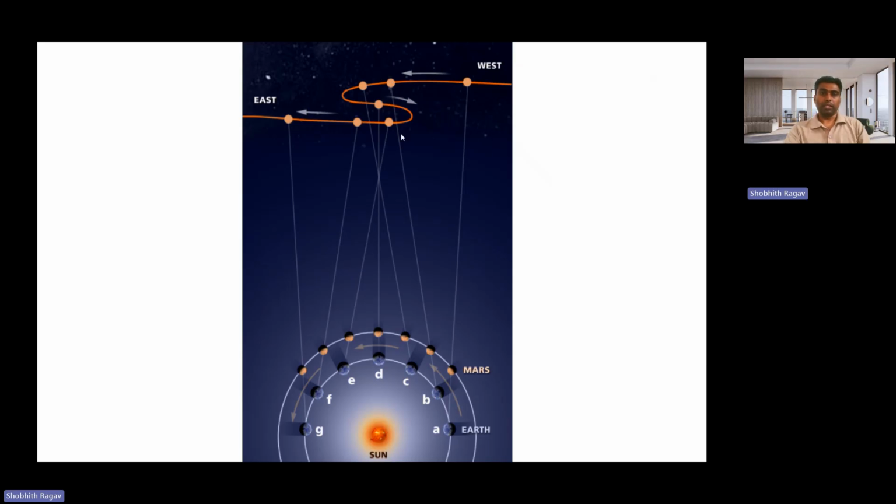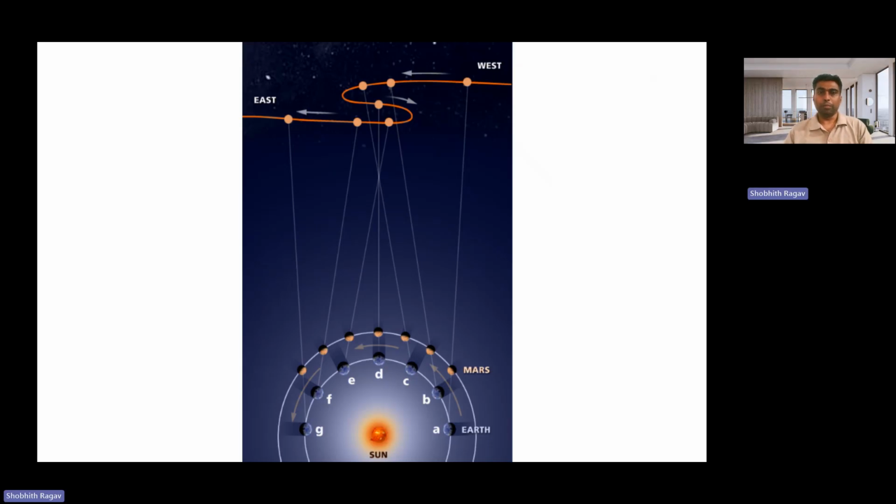seen from the Earth. Just like when you're traveling in a train or a bus, and you observe a bus or a train standing adjacent to your vehicle start moving, you feel as though you are going backward, or the other way around.